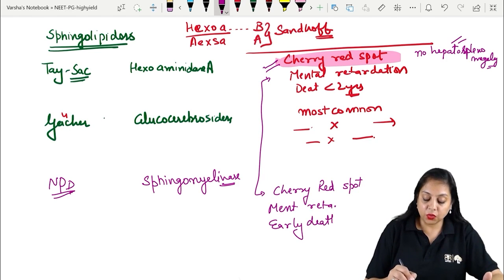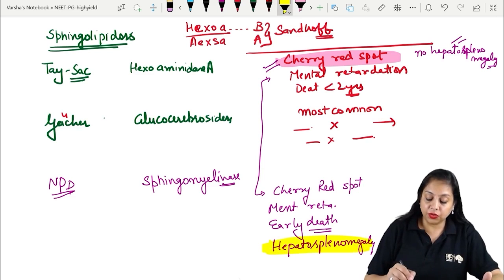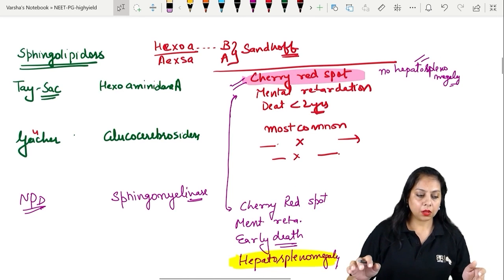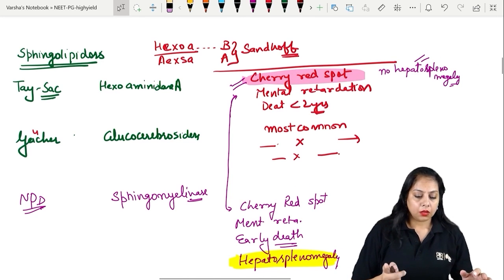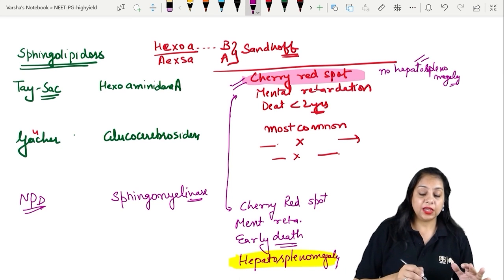But what else you will see in this is hepatosplenomegaly. And what else would be there when you are going to look inside the cell?